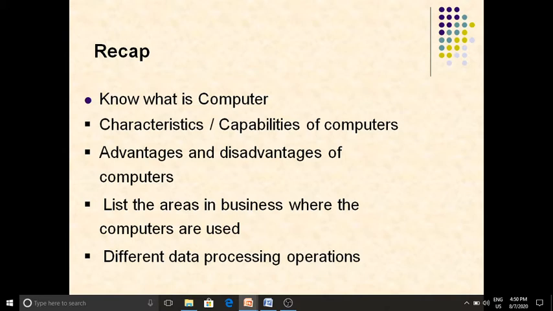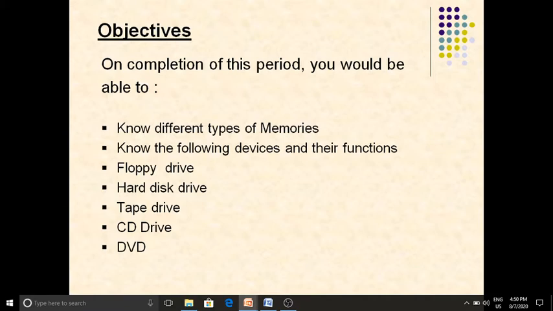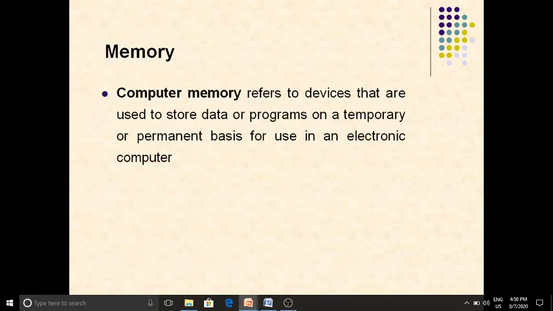In today's class, we'll be discussing different types of memories and functions of the following devices: floppy drive, hard disk drive, tape drive, CD drive, DVD. Okay, students, now let us come to the actual topic, memory.